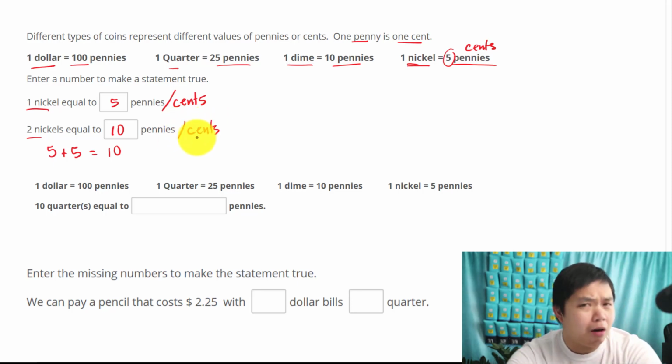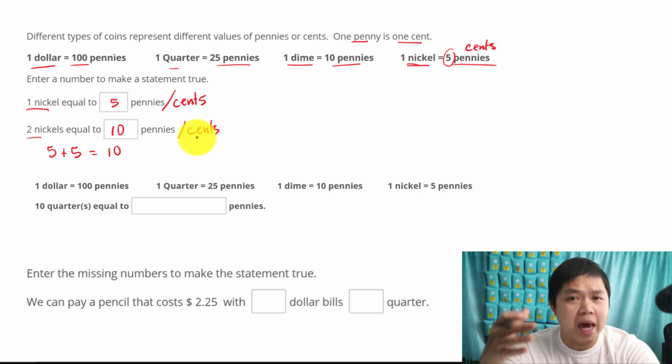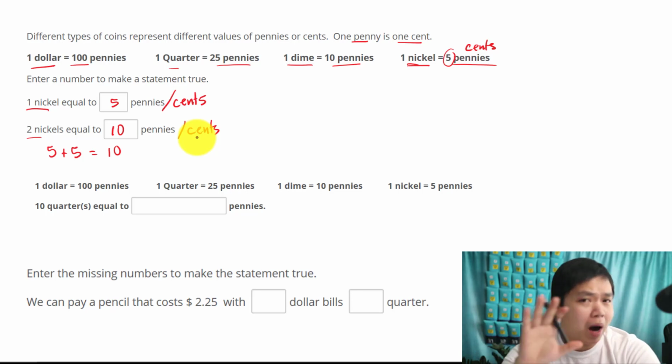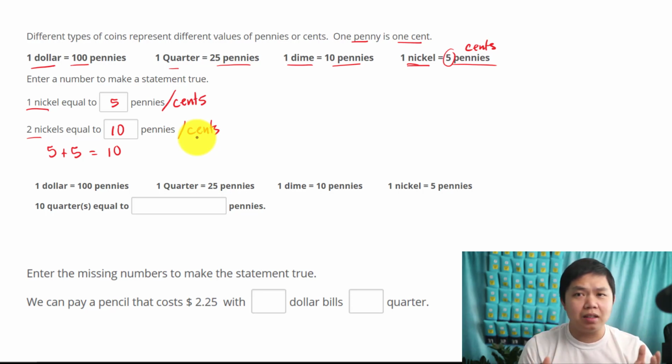Why do we have all these different names for different coins in the first place? Well, right now you're not buying anything expensive. But what if you buy something that's hundreds of dollars? Are you going to tell yourself all this in terms of cents? It's such a ridiculous number, and having to pay with that specific number is extremely tedious and takes too much time.